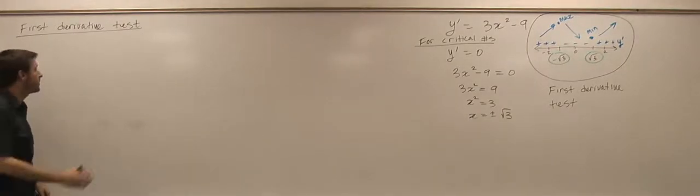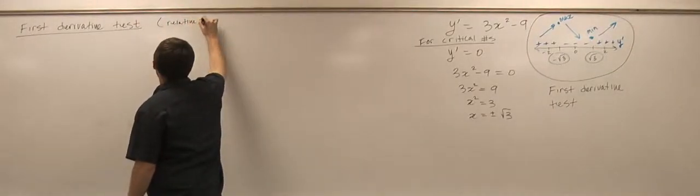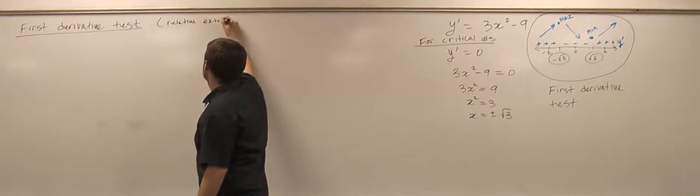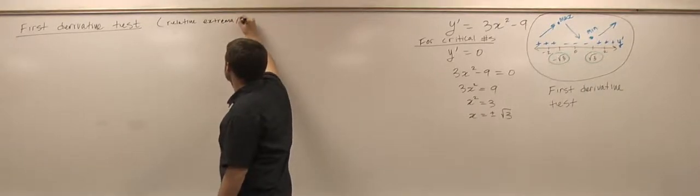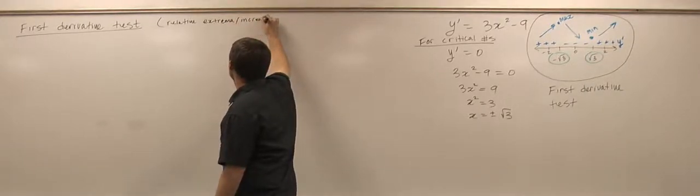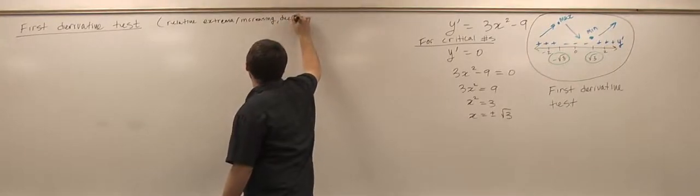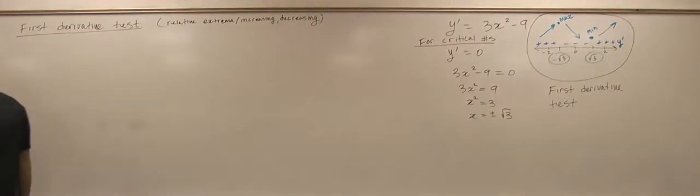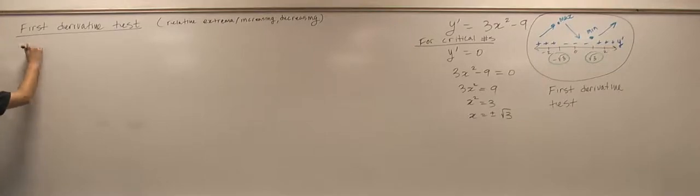So the first derivative test helps you find relative max, relative extreme, I guess I should say, and also increasing, decreasing intervals. So to do the first derivative test, the first thing you want to do is find the critical numbers of your function.